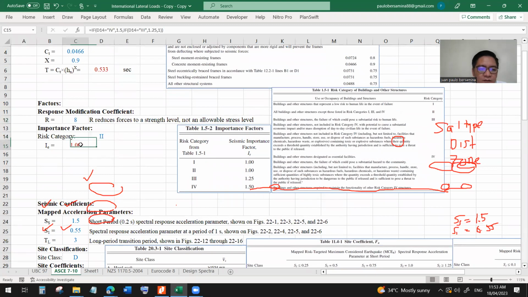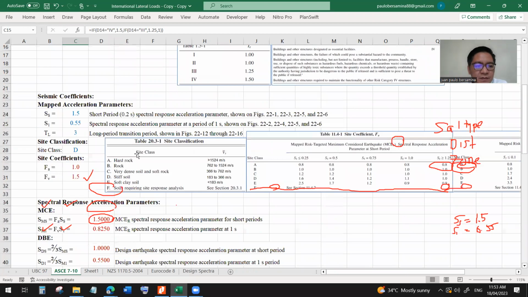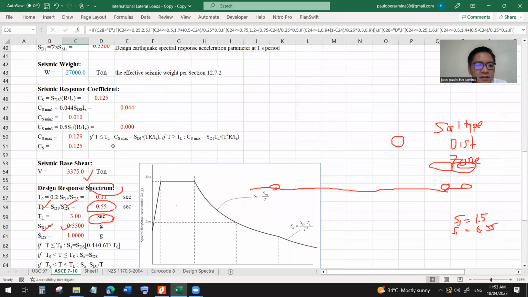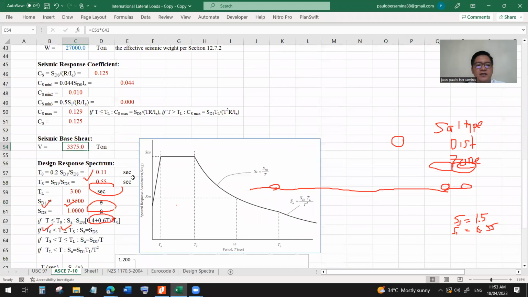Next. Risk category 2. Basically naman, yung importance factor niya is 1. Pero pag school, may special kang gagawing 1.5. Pero stick muna natin sa 1 para hindi maka-apekto sa base shear. Gawin natin normal to 1. Okay, next. Okay na, tapos na. So this is our base shear.